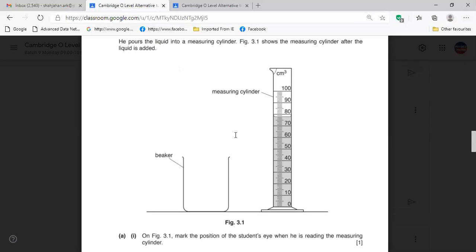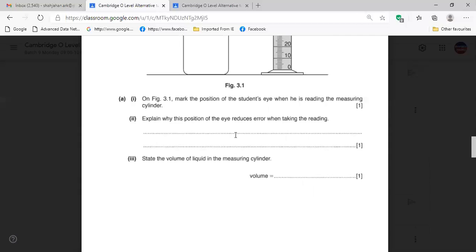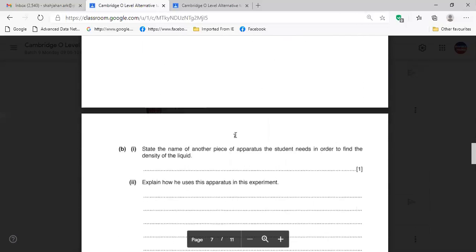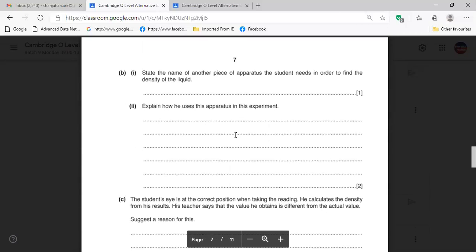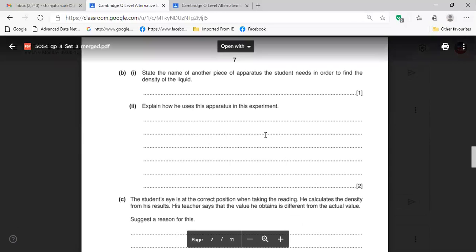So whatever you like, you can write. That time the beaker should be empty, the first one. If you want to use the measuring cylinder, the first step will be the measuring cylinder with water. That mass you have to measure first. So write whichever one you like. That's up to you. Have you written already, or are you writing now?